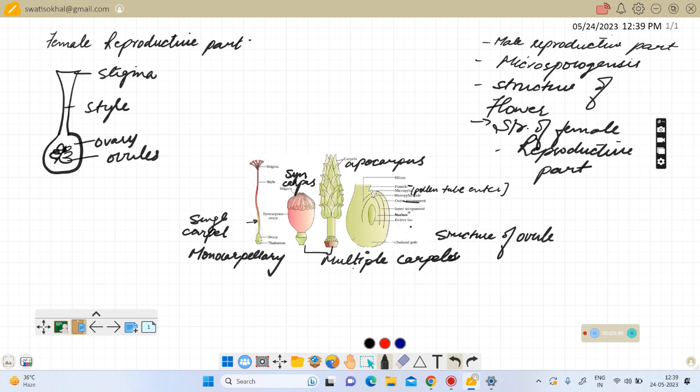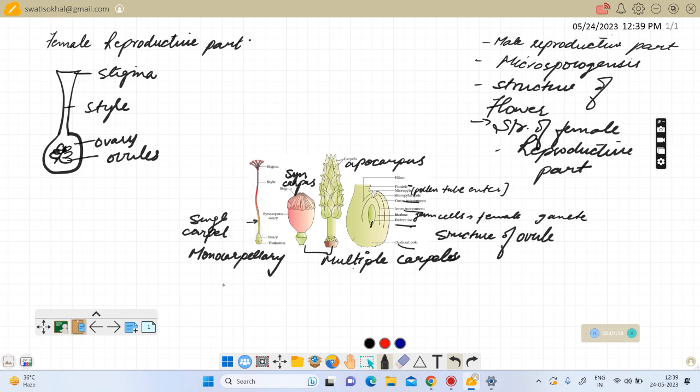The outer integument and inner integument are the layers of the ovule. This is the nucellus, and in the nucellus, beta, the germ cells are present which will convert into the female gamete. In the center where these cells are present is the embryo sac, where the embryo will develop, and this is called the chalazal pole.